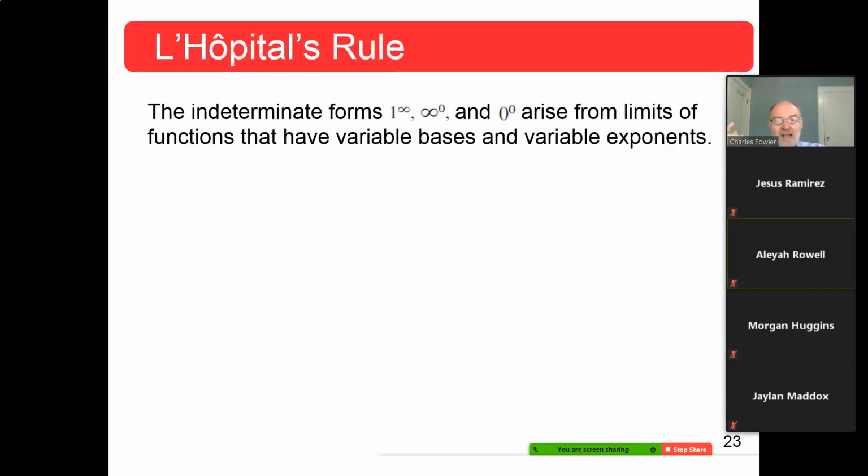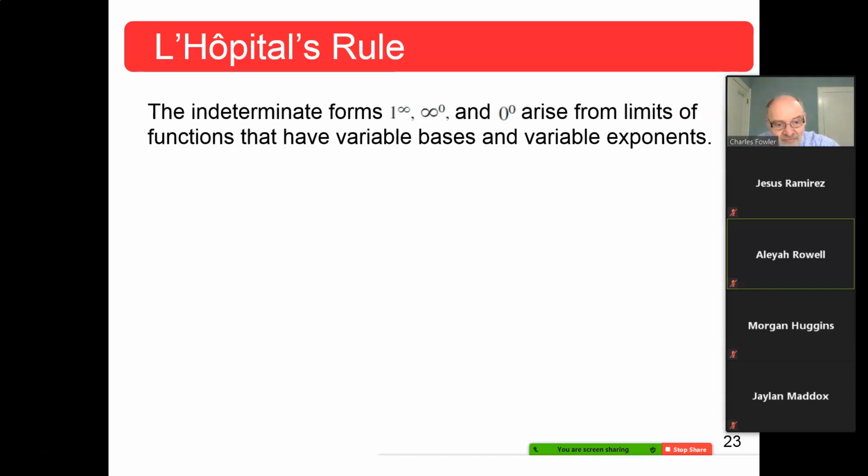Now, this is the top part of 349. But they do say something else above this. It says when rewriting a limit in one of the forms 0 over 0, infinity over infinity, does not seem to work, try the other form.